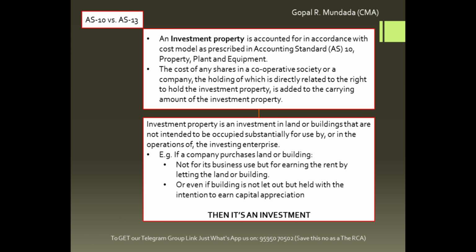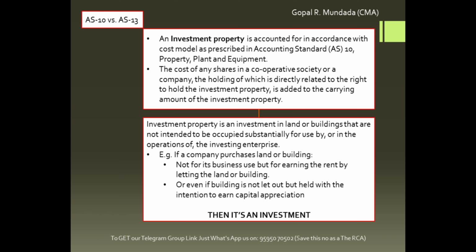In the last slide you saw that the first point was property which is an investment property held for giving on rent. So guys, this is specifically an asset covered under Indian AS 10. We can say that the investment property held by me or my firm for the purpose of earning extra income in the form of rent or lease comes under the purview of Accounting Standard 10.